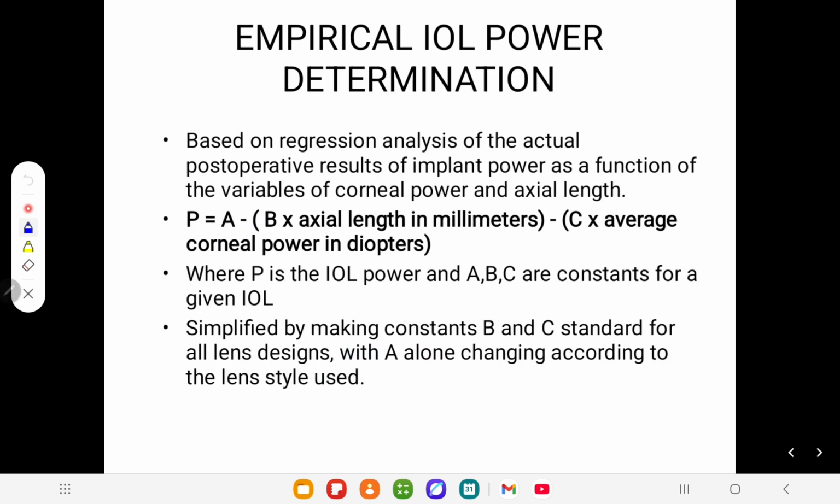Empirical IOL power determination is based on regression analysis of the actual post-operative result of implant power as a function of the variables of corneal power and axial length. This is the formula, isn't it?